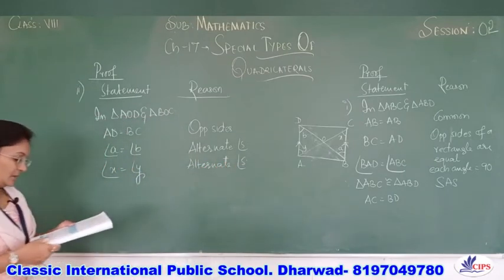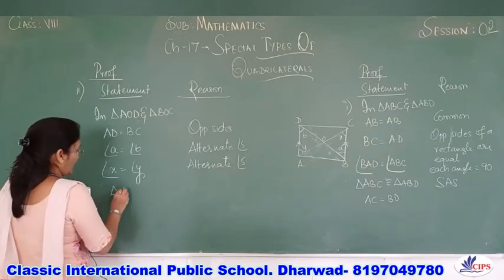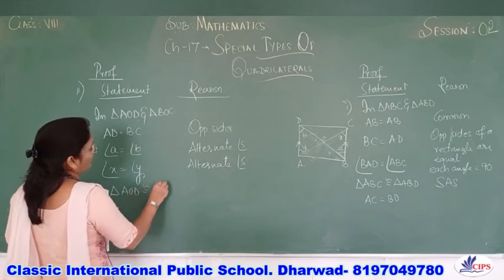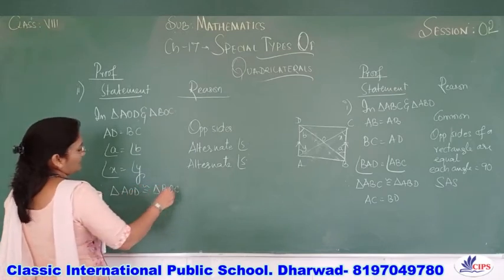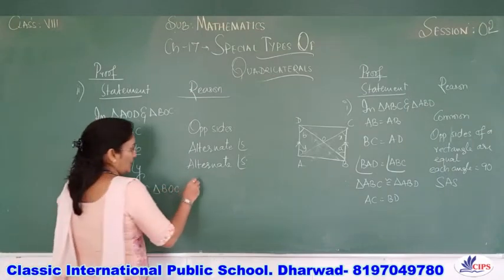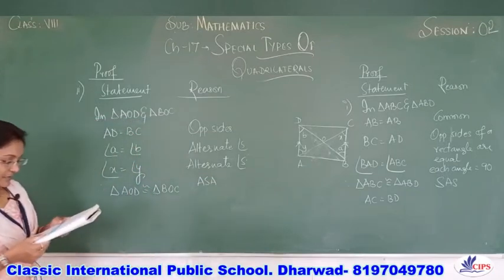Next, therefore triangle AOD is congruent to triangle BOC. We have proved one side and two angles are equal, so it is the ASA congruence criterion.